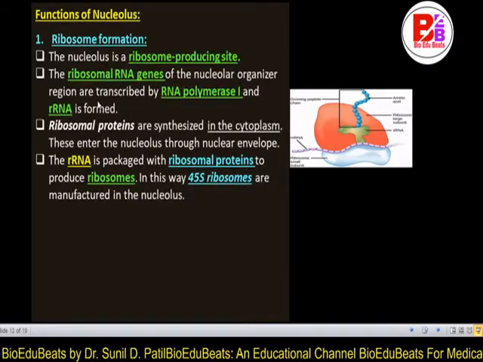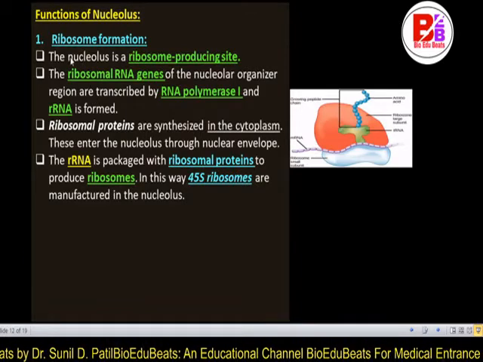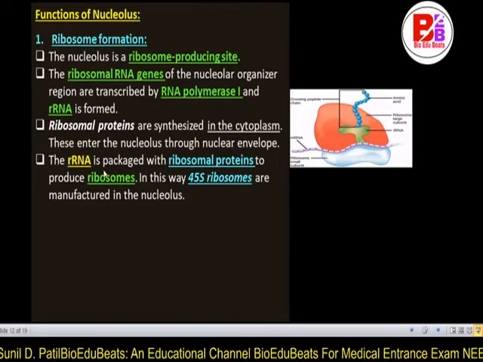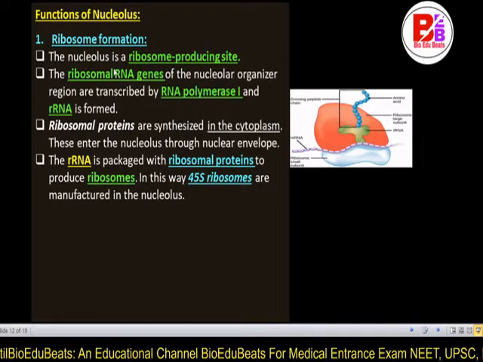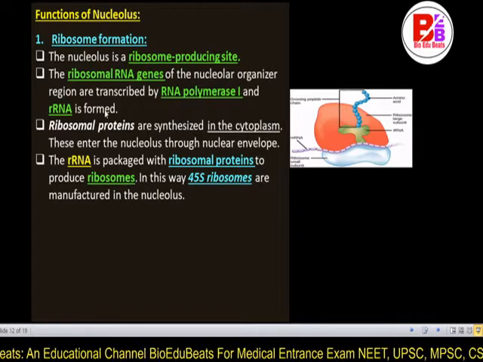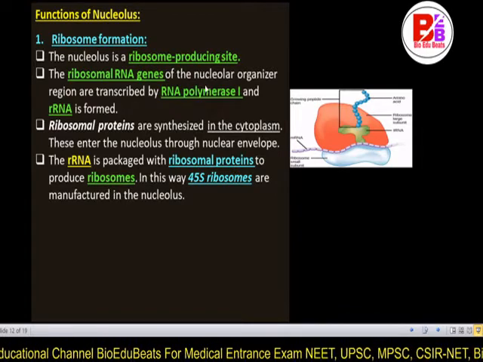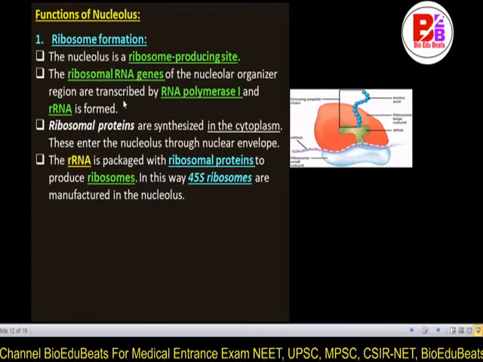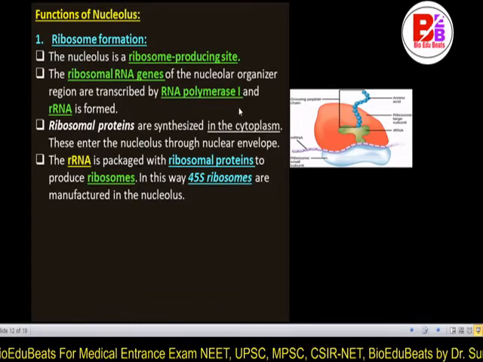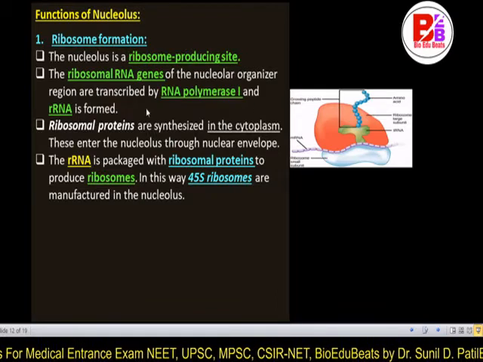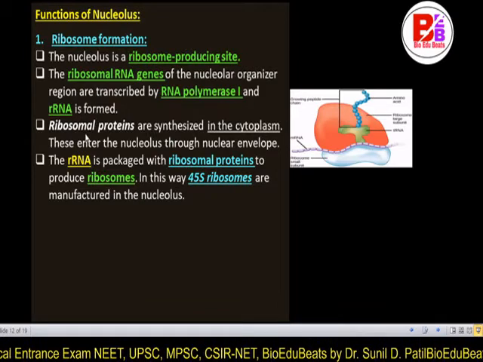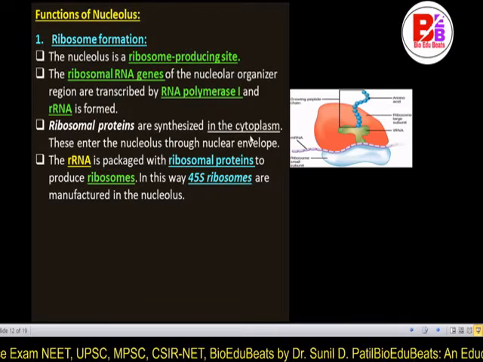The function of the nucleolus, the first function, is ribosome formation. This is the process of how ribosomes are formed. The nucleolus is a ribosome producing site. The ribosomal RNA genes of the nucleolar organizer region are transcribed by RNA polymerase first, and rRNA is formed. Ribosomal proteins are synthesized in the cytoplasm.